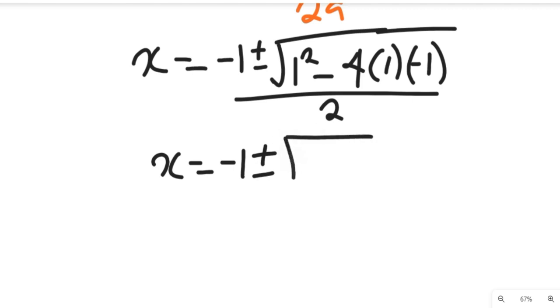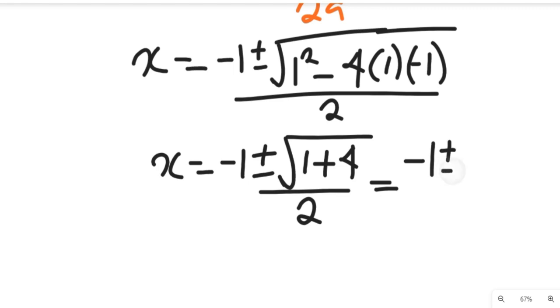And then if we simplify further, we're going to have our x to be equal to negative 1 plus or minus square root of 1, minus times minus will give us plus, 4 times 1, 4 times 1 will give us 4, and this will be divided by 2. So this whole thing will give us negative 1 plus or minus square root of 5 divided by 2.